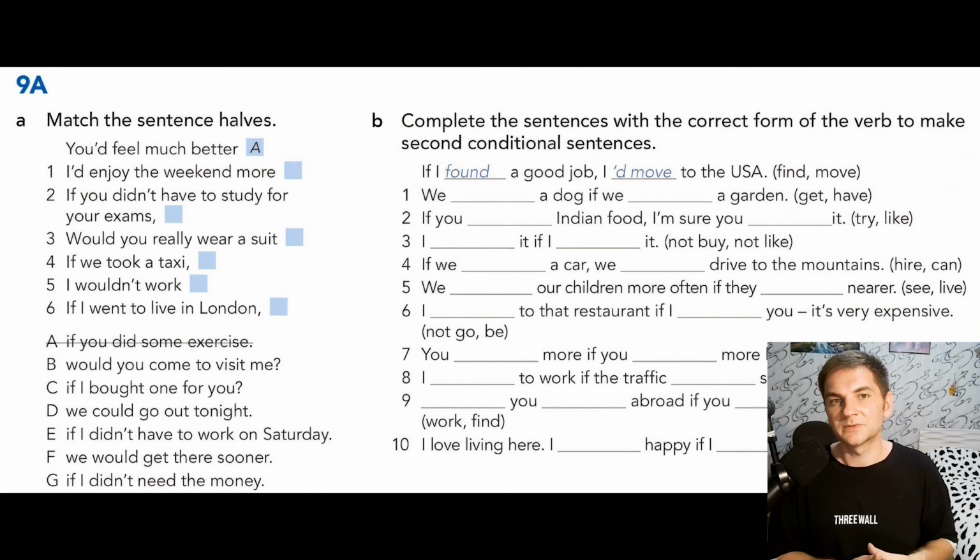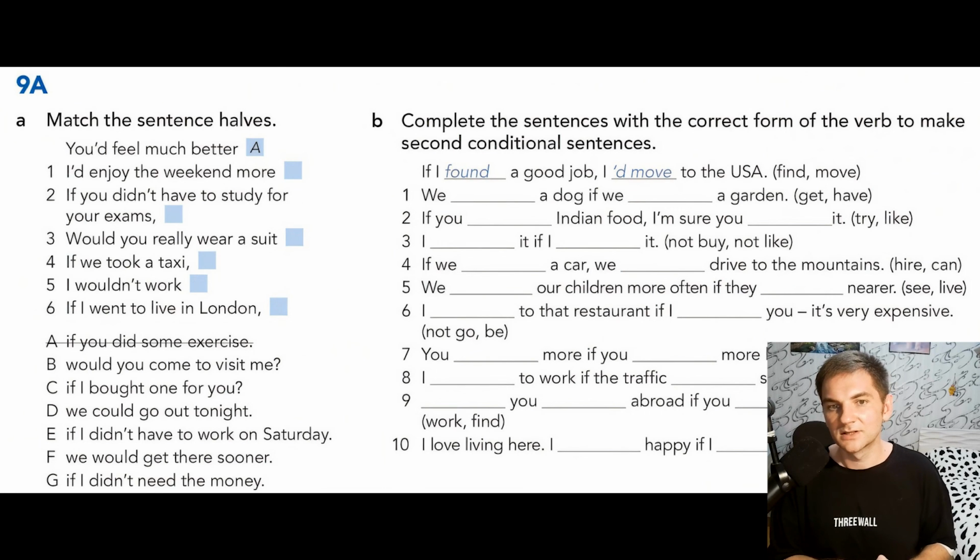Oh, as I always say, rules are rules, but let's get some practical stuff, and you will understand it after completing some tasks. So, exercises. In exercise A, you just match the halves of the sentences. You'd feel much better if you did some exercise, yeah? In exercise B, you put the verbs in the correct form.